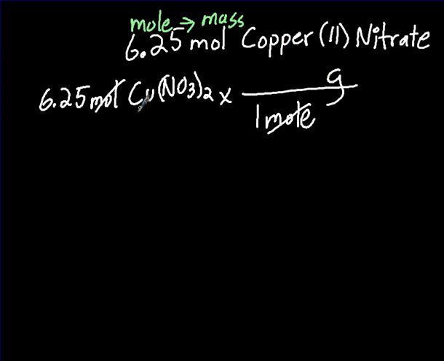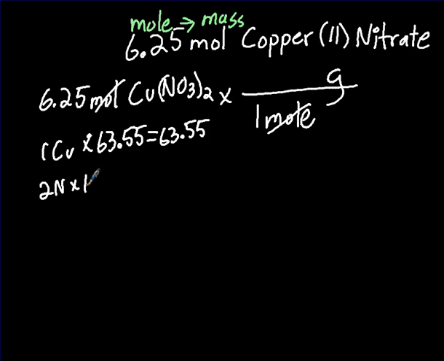And so now we just have to find the molar mass for this. So 1 copper, that's 63.55, rounded. We have 2 nitrogens, that's just 28.